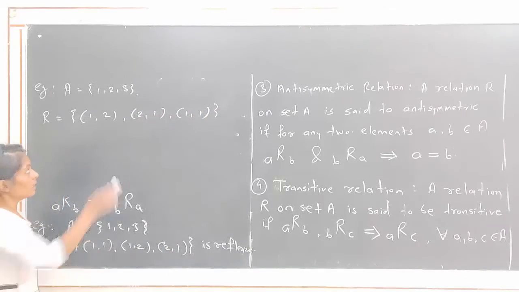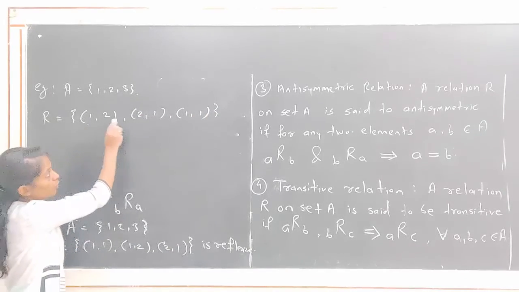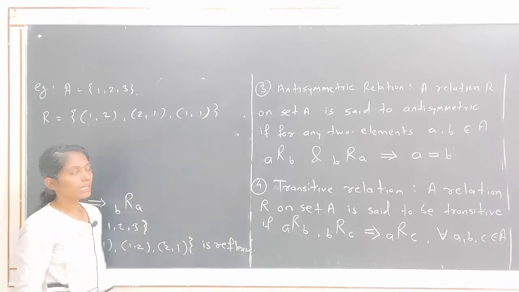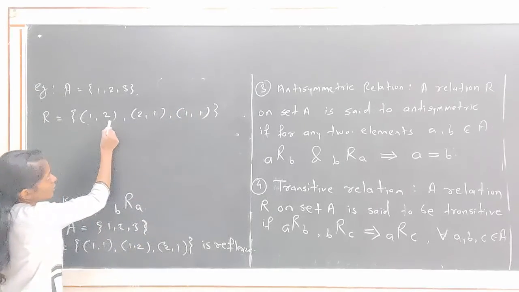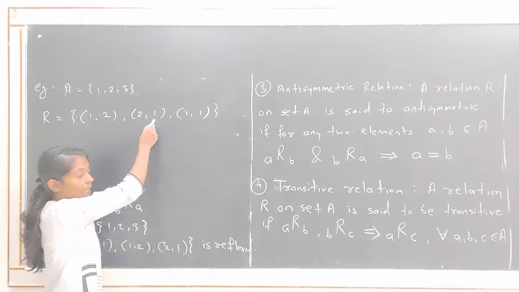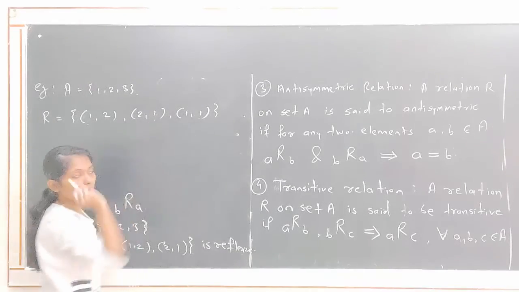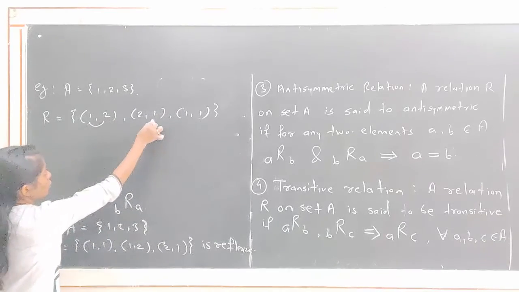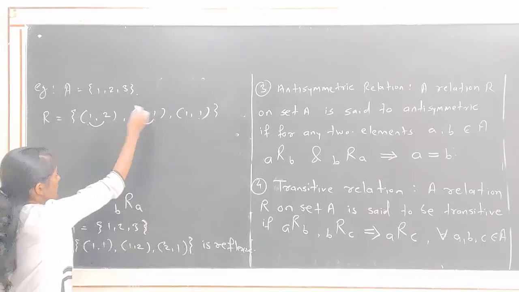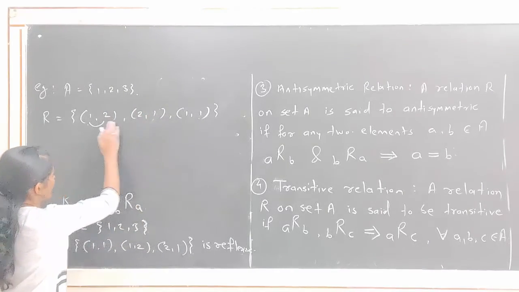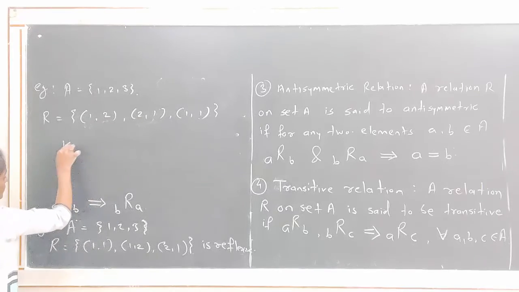So 1 related to 2, 2 related to 1 and 1 related to 1. That means A related to B, B related to C and A related to C. That's why R is transitive.